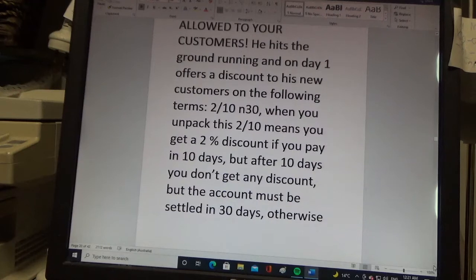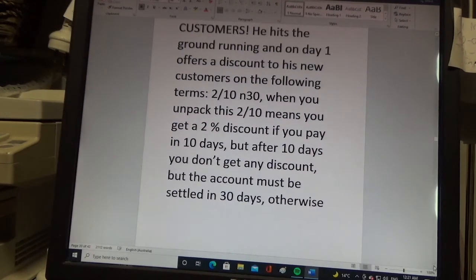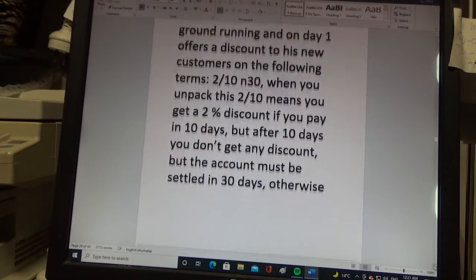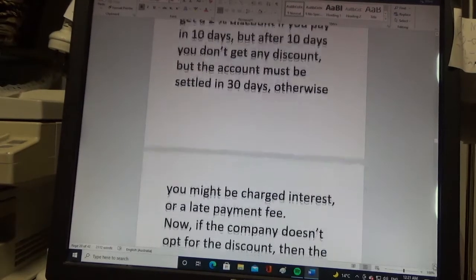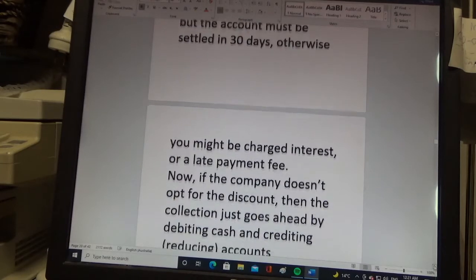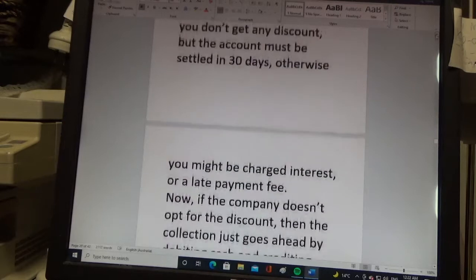2/10, N30. Now let's just unpack that term in finance. The 2/10 means you get a 2% discount if you pay in 10 days. But after 10 days you don't get a discount. And the N30 means the account has to be settled in 30 days, regardless of the discount. Otherwise, you might be charged interest or a late payment fee. So again, there are different discounts.